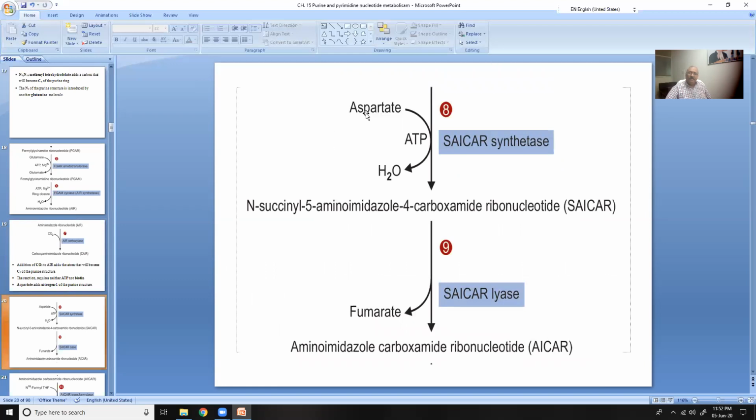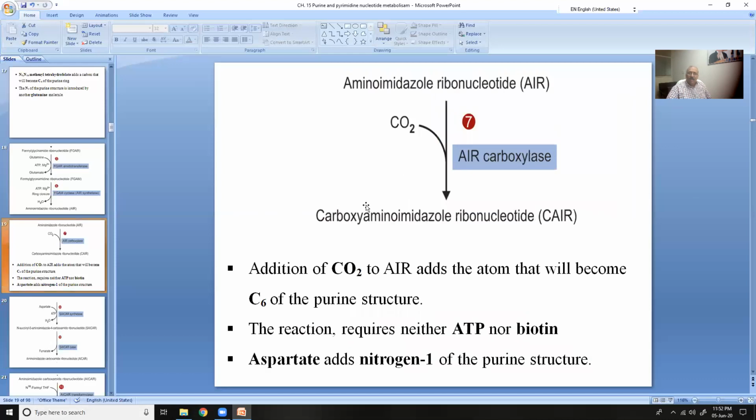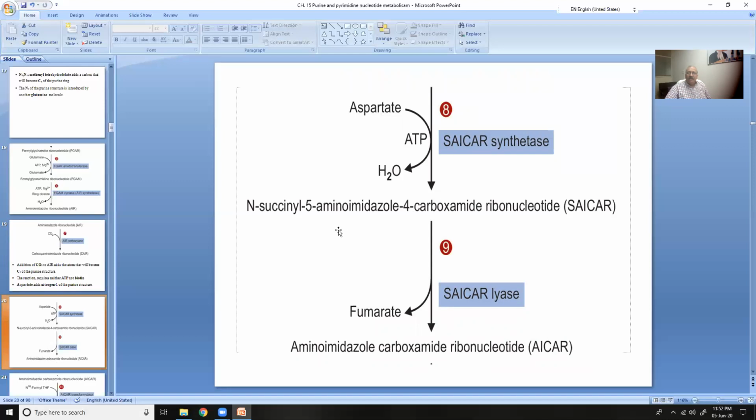Then aspartate is separately added to give N-succinyl 5-aminoimidazole 4-carboxamide ribonucleotide, SAICAR, by SAICAR synthase. It was from the carboxyimidazole ribonucleotide CAIR that we are getting SAICAR.